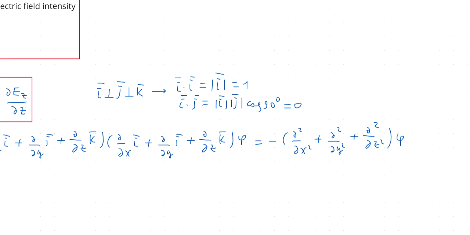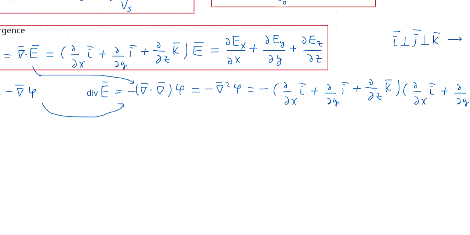So we have obtained that divergence E, a divergence of electric field intensity, is equal to minus Laplace operator of phi.